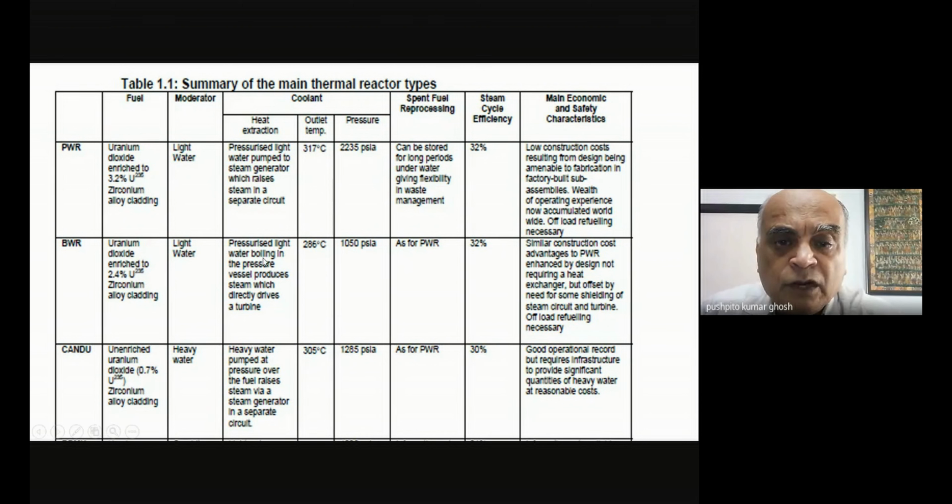Now, in the pressurized water reactor, you actually have a much higher pressure than this, and here you can reach a temperature of around 320 degrees as the outlet temperature of the steam. Now, here what one does is that when it is pressurized, you have two types of water.